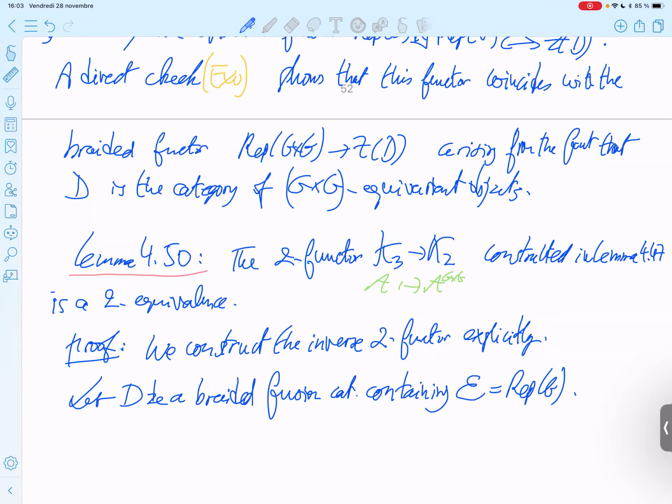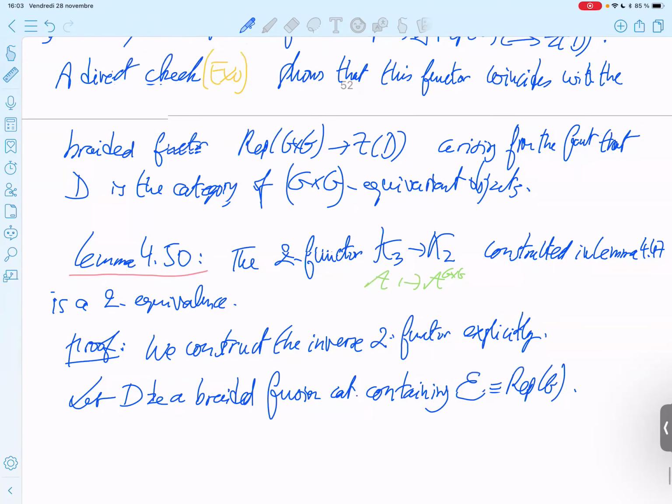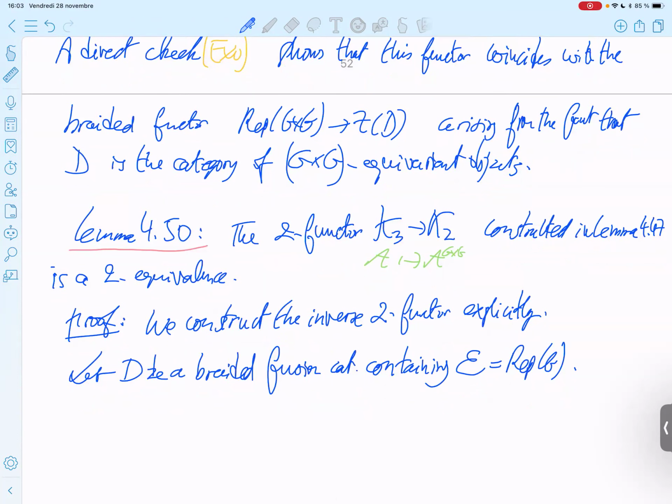By a result in section 3, we consider a braided functor from D tensor D up to the Drinfeld center of D. Yeah, that's very strange. Let me check something.